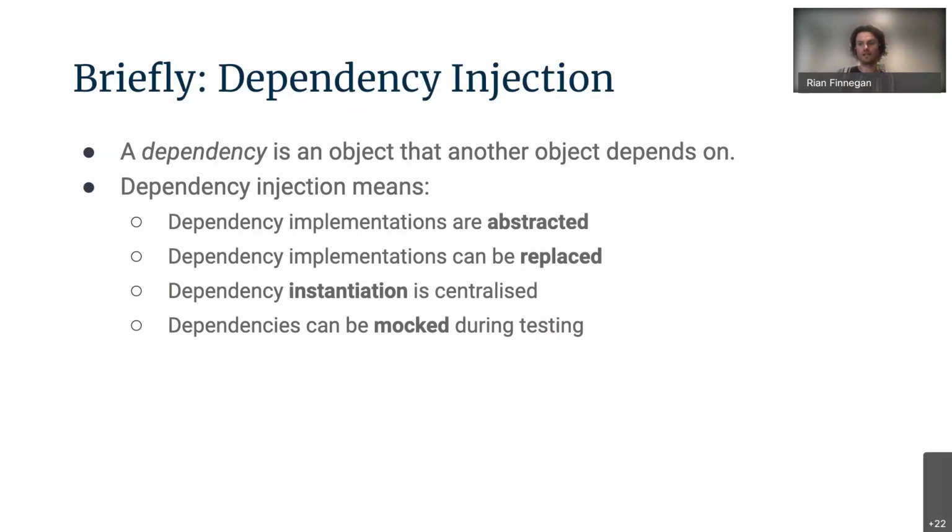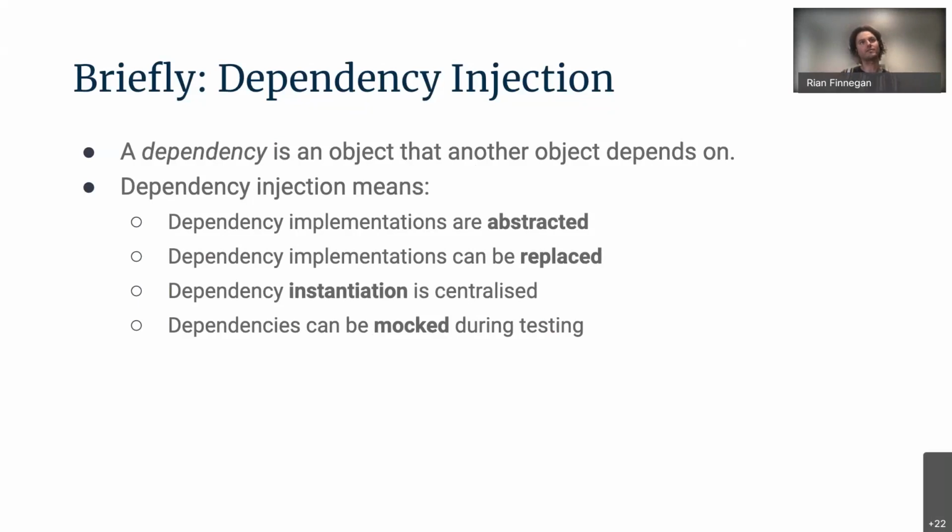So I can connect to either Azure SQL database or a document DB database, and as long as I'm using some kind of interface, then I don't necessarily care what the underlying database technology is. It also means that your instantiation of these kind of objects can be centralized, which is useful when you want to control the amount of connections that you might be making to a database, for example. You don't want to make 10,000 connections because you'll exhaust the pool pretty quickly.